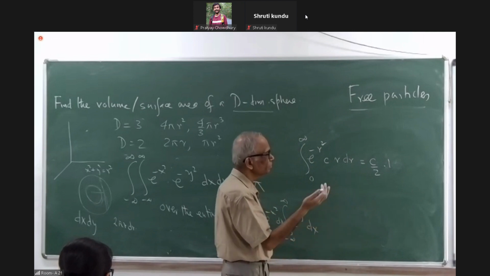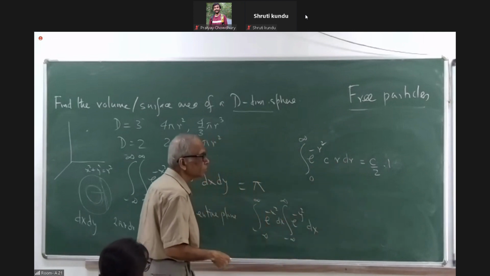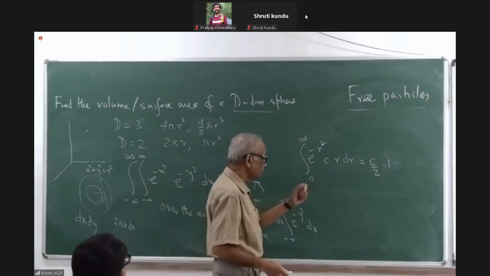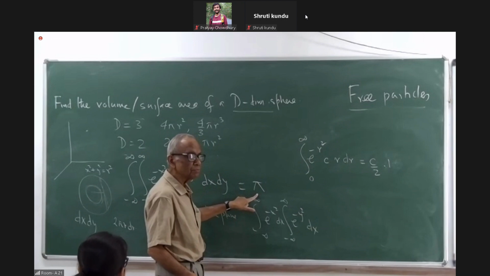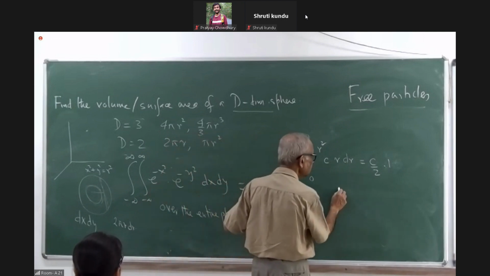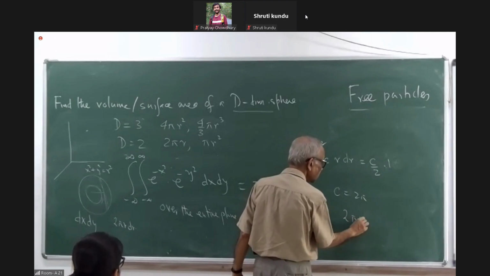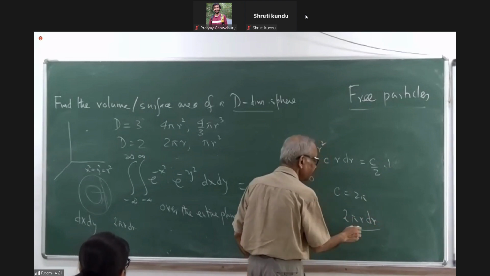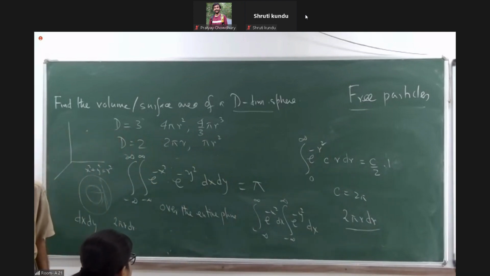So e to the power minus u du from 0 to infinity, which is 1. So the answer is going to be c over 2. But I know what the answer is. The answer is pi. Therefore, this c is equal to 2 pi, and the area of that strip is 2 pi r dr.